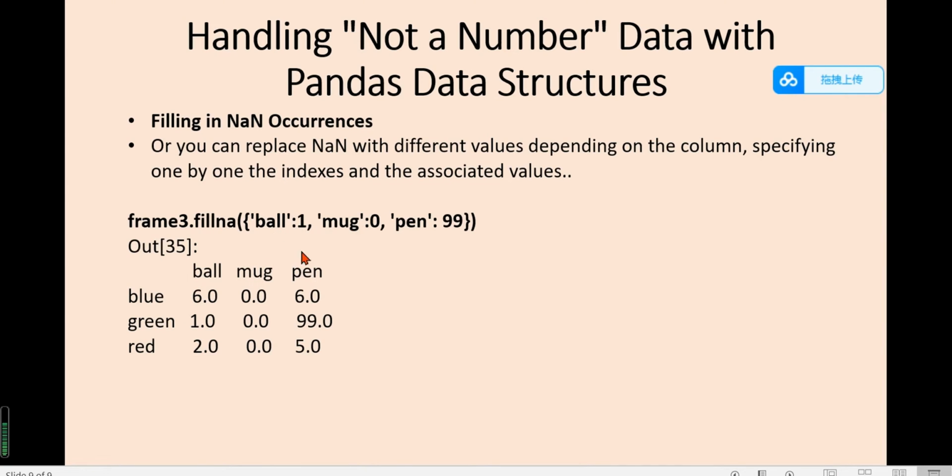So the result will be like this. For this column, NaN values will be replaced with 1, this column's NaN values will be replaced with 0, and this one will be replaced with 99.